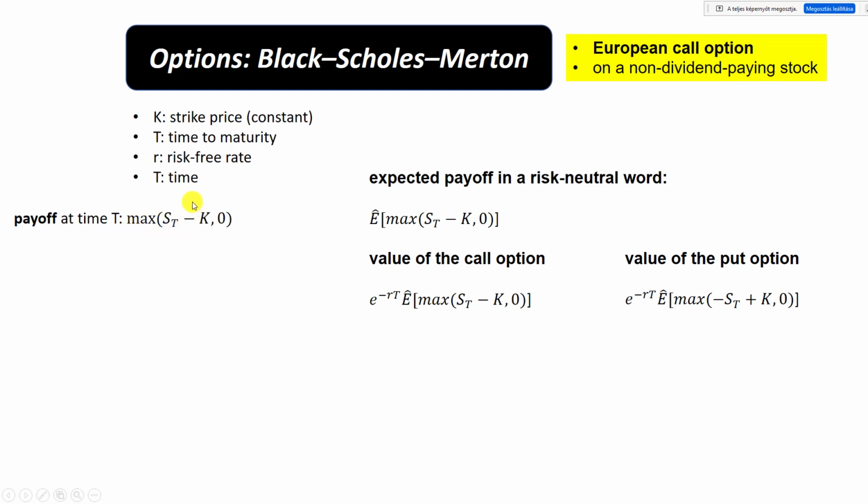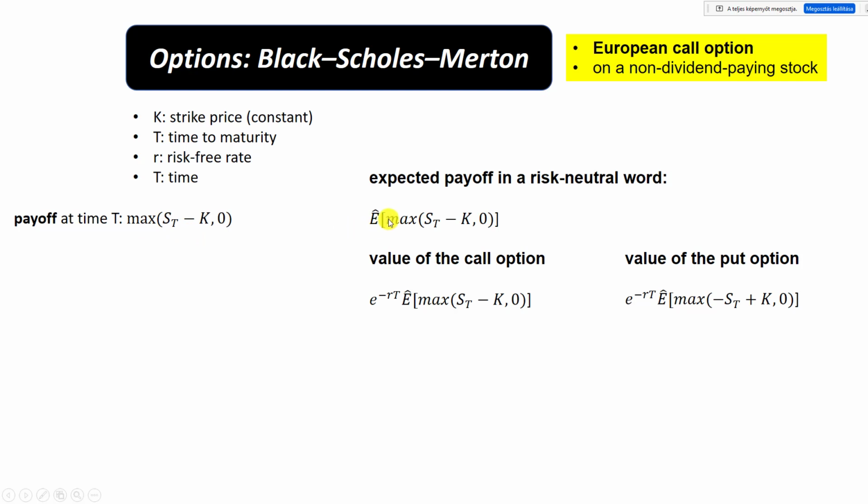Then we can say that it can be the difference between the actual spot rate and the strike price. If it's bigger than 0, then we are happy. If it's not bigger than 0, then it will be 0, so we're not able to lose, and that's why it's maximized. So one of them is supposed to be there.